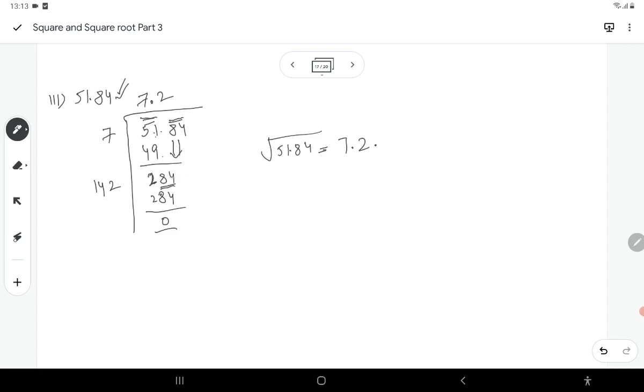So bring it down and it is the decimal part. So put the decimal point in the quotient. So the quotient now becomes 7 point. Now double the divisor and make it the new divisor. So 7 2s comes out to be 14 and 142 2s comes out to be 284. So the square root of 51.84 comes out to be 7.2.